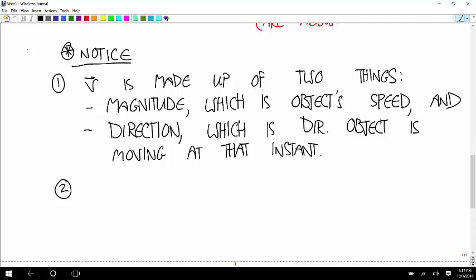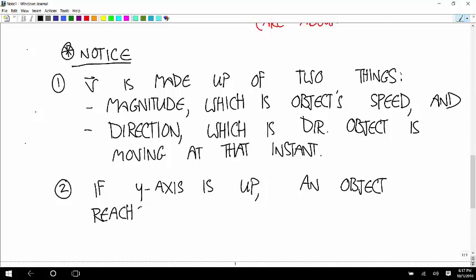So if something is launched out at an angle, if we have the y-axis pointing up, which is how we're going to always do it in free fall problems, then an object reaches the highest point in its path when the y component of the velocity is equal to 0.